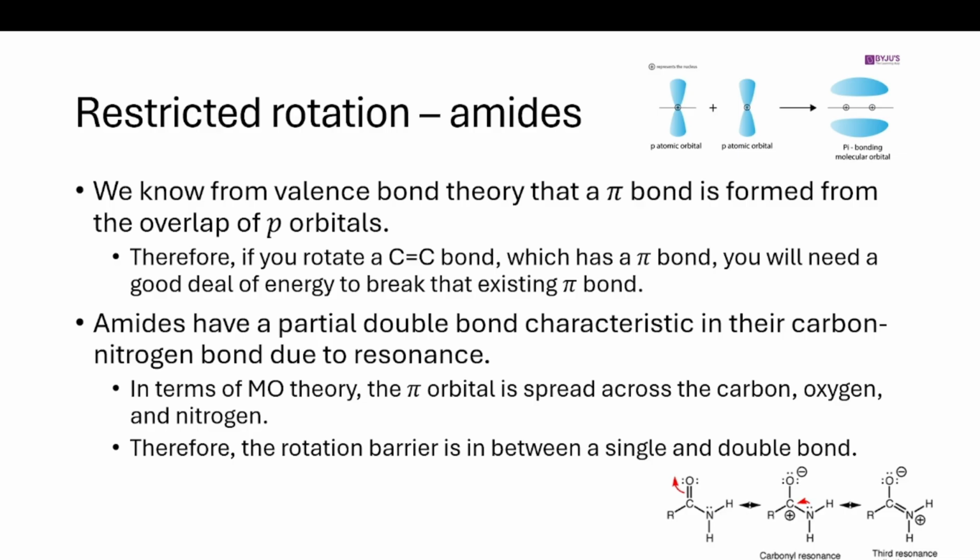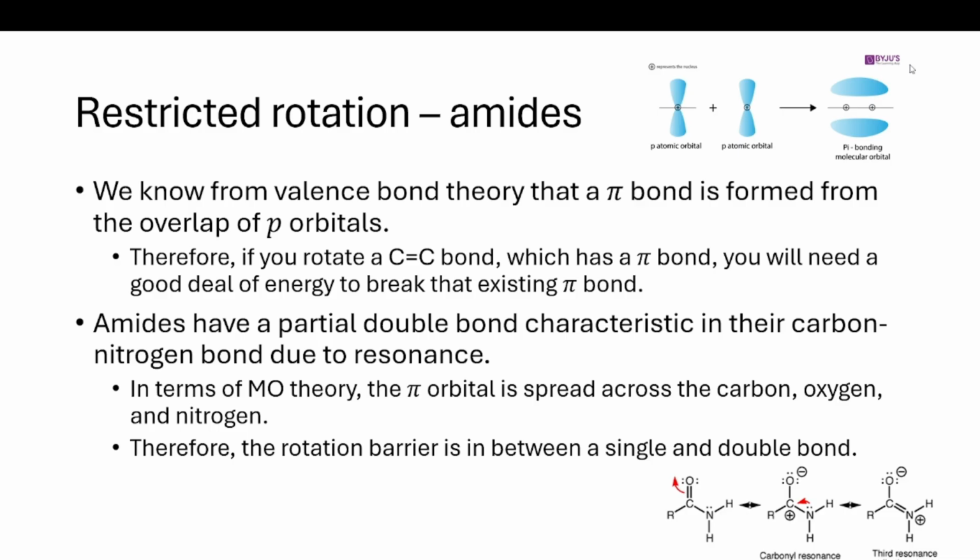Now, pi bonds overlap side to side, and they're not on the internuclear axis. Therefore, if we rotate on the internuclear axis, we're going to need to overcome some sort of rotation barrier to break that existing pi bond. Because if we rotate this pi bond, those p orbitals won't be lining up anymore.